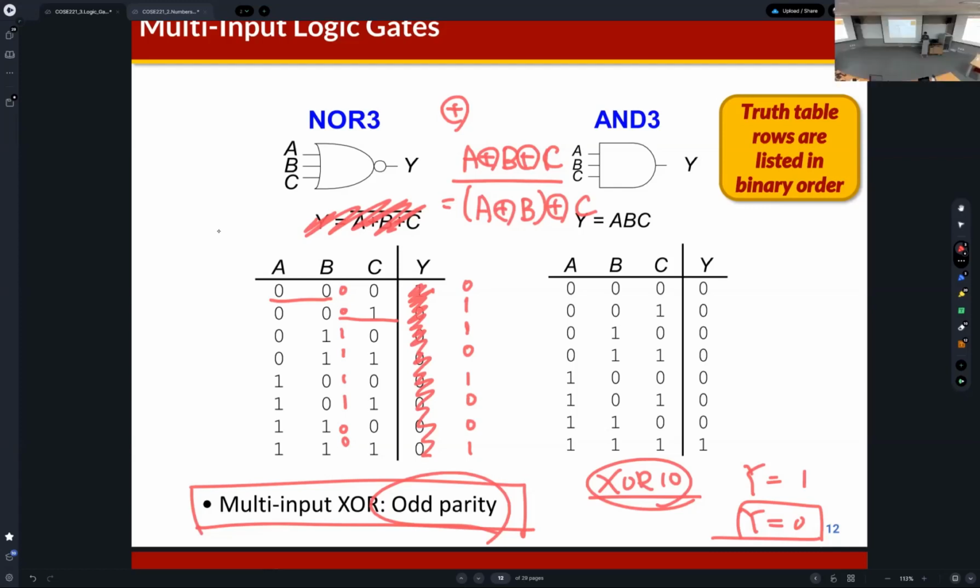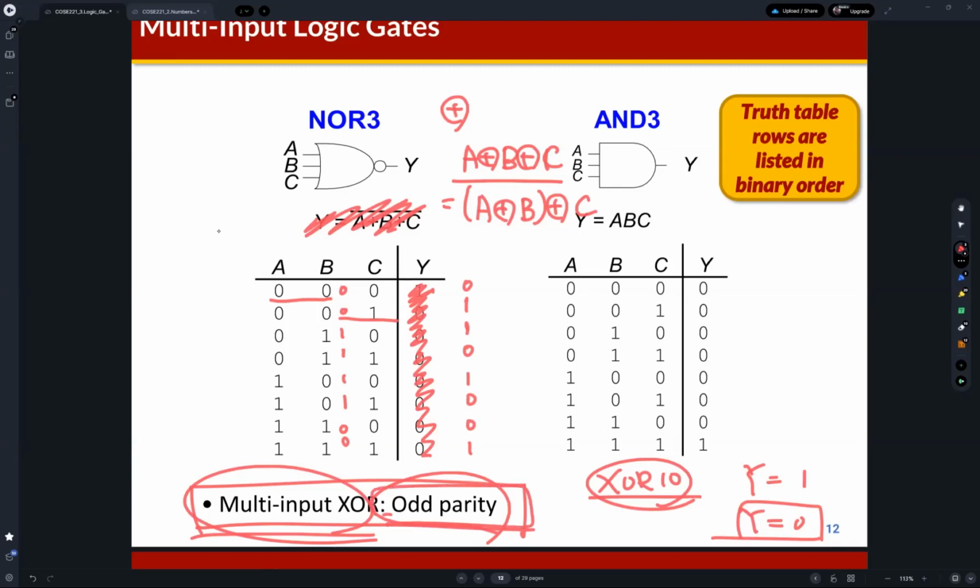That's why the multi-input exclusive OR is called an odd parity. It just detects an odd count of ones. So we can apply this property here.